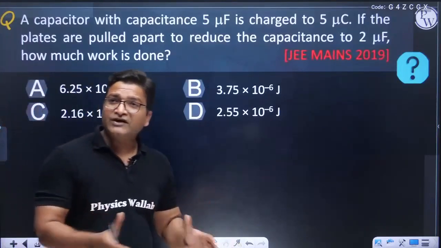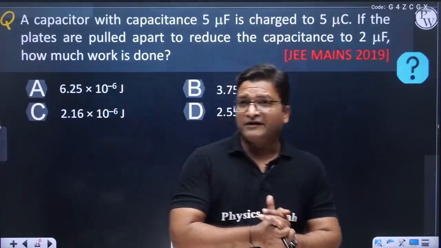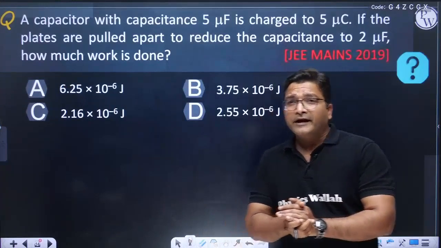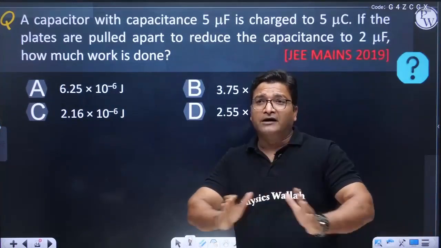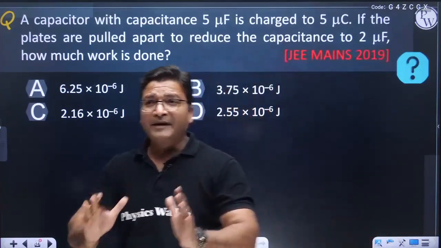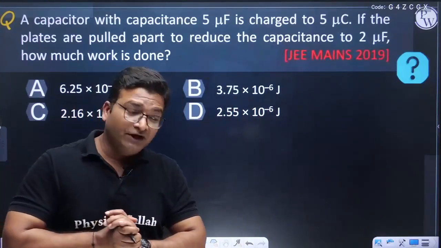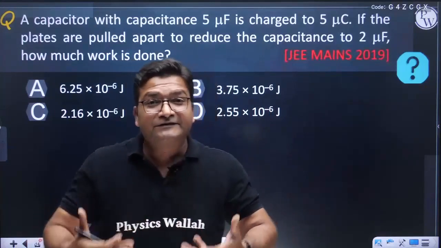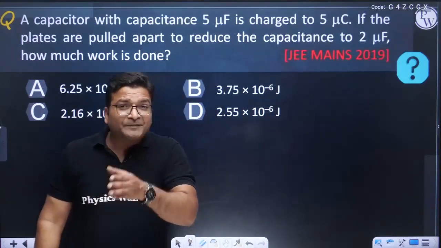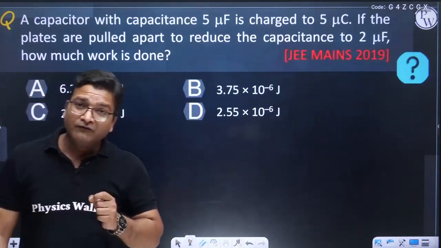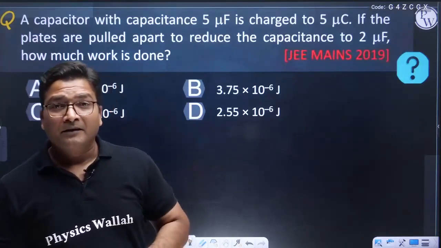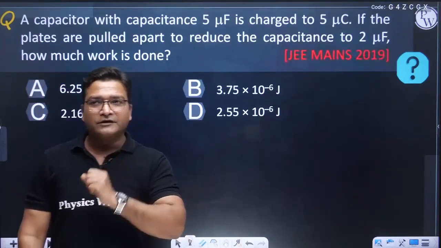Yes, this time we have a capacitor again. The capacitor is 5 microfarad. If the plates are pulled apart to reduce the capacitance to 2 microfarad, how much work is done? If they ask you how much work is done, and nothing is specified about who is doing this work, always remember you have to find, by default, the work done by the external force.